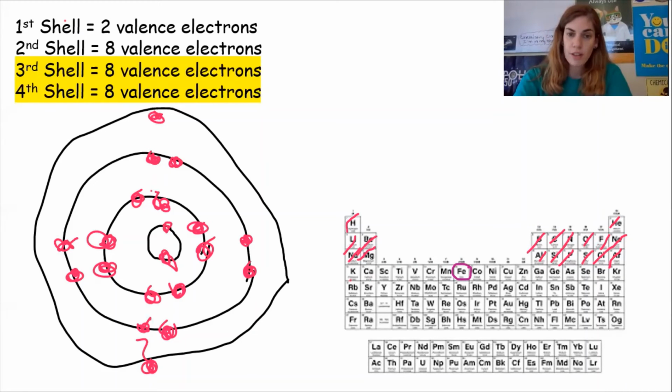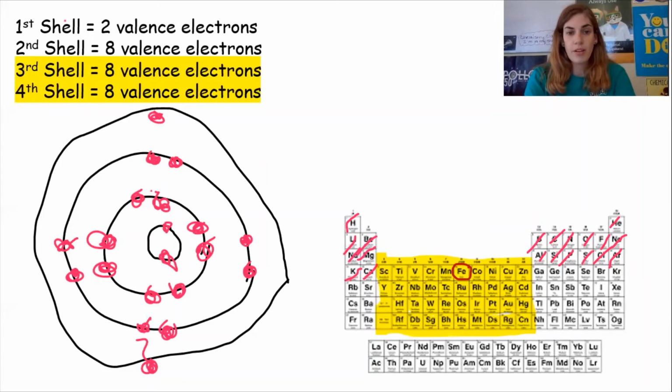I have already filled out potassium and calcium, but when we get to the transition metals, they are what's called the D block. Again, since we have not learned about electron configuration, this may not make sense, but basically, to sum it all up, there are different orbitals.